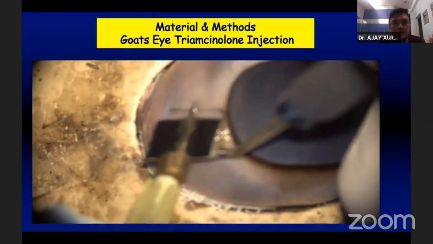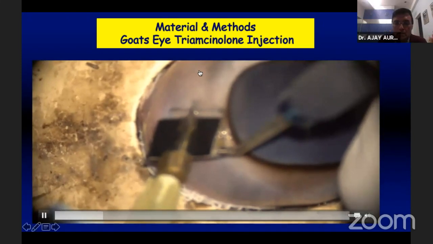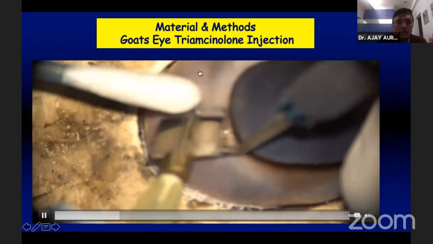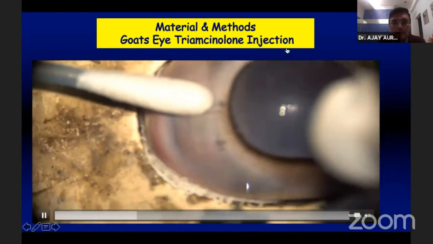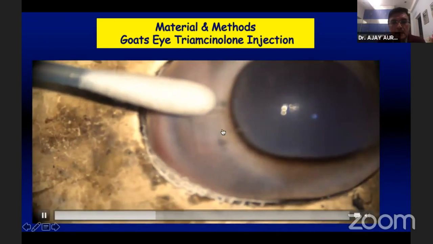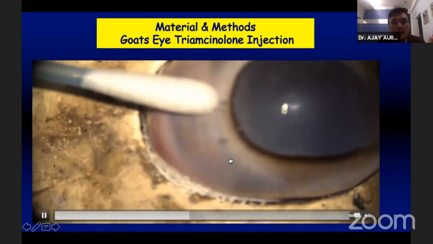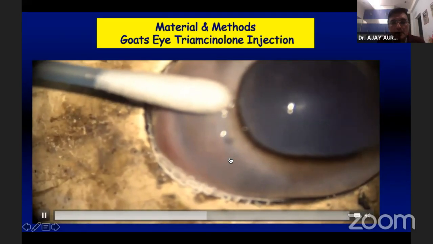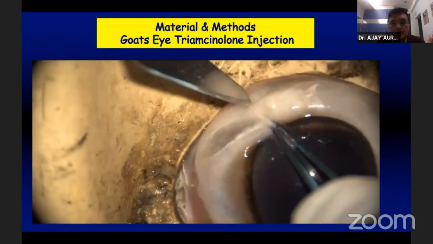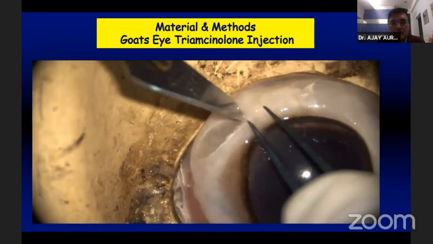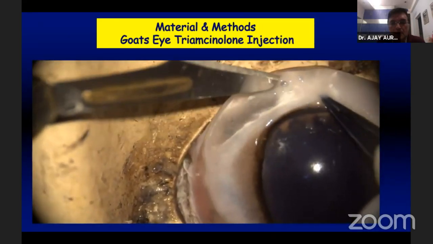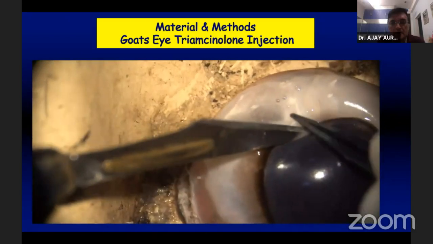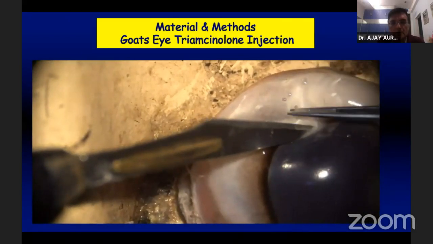This is the instrument, and you can see that it has been injected in the suprachoroidal space. Then we go ahead and dissect it out. You can see now we are dissecting the sclera, and we can demonstrate the triamcinolone in the suprachoroidal space.